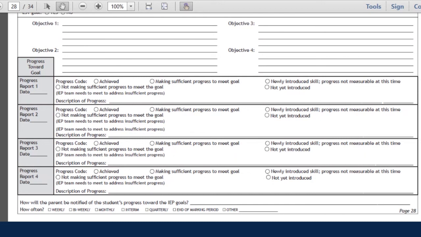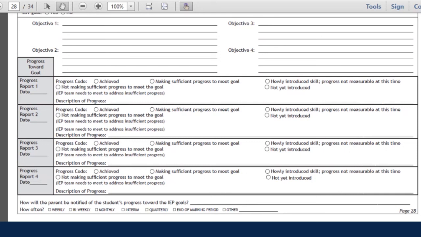So is it that the goal turned out to be too difficult? Is the child struggling with some of the smaller objectives? So you'll have to reevaluate what is contributing that they cannot make progress on that goal.